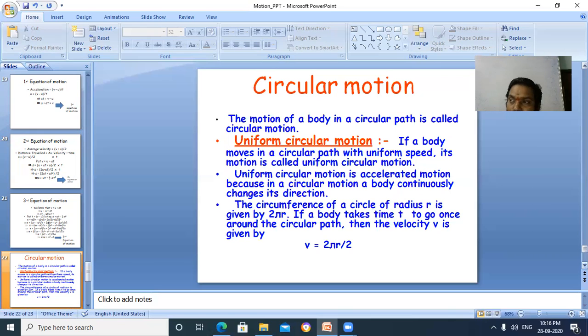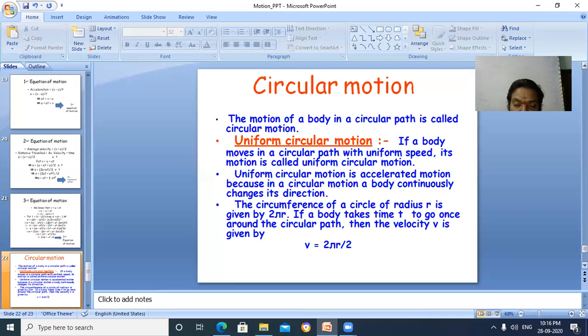In the case of circular motion, at every instant of time, the direction of velocity is along the tangent at that point to the circle. Uniform circular motion, as the name implies, is when the body travels equal distances in equal intervals of time along a circular path. Uniform circular motion is accelerated motion, because in circular motion a body continuously changes its direction.